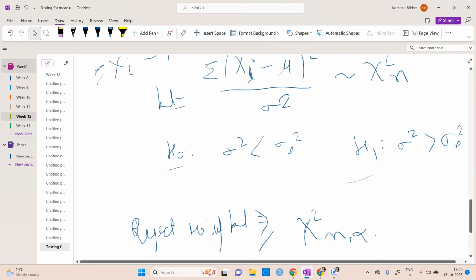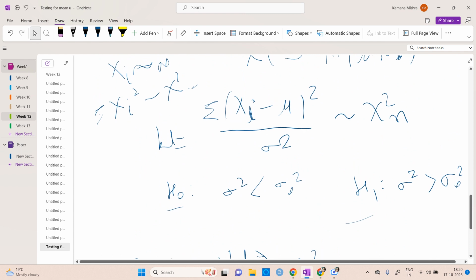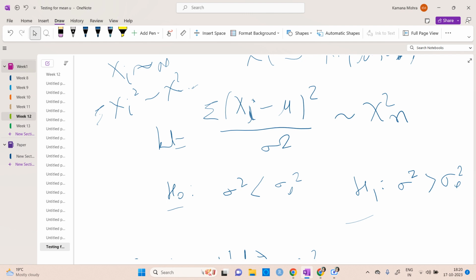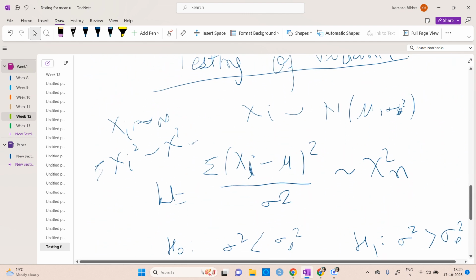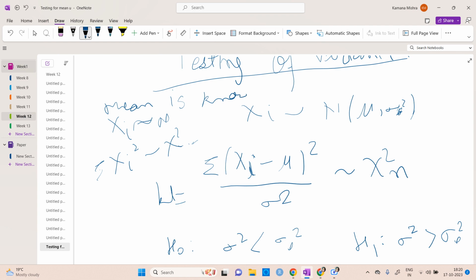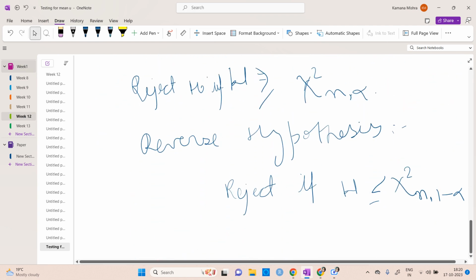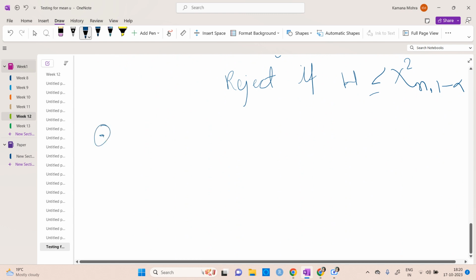Okay, so we perform this when the mean is known. You can see that we are using the mean here. If the mean is known, then we can perform this hypothesis test, whereas if the mean is not known, then it's very simple.